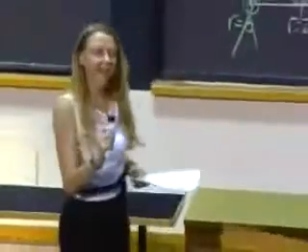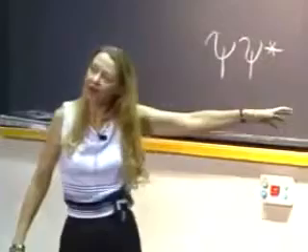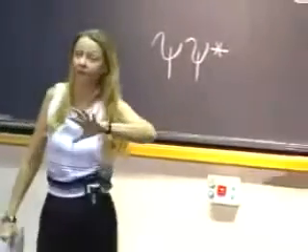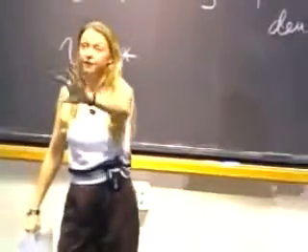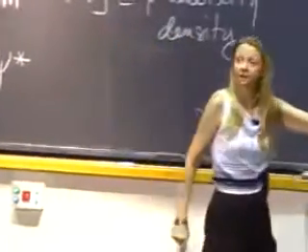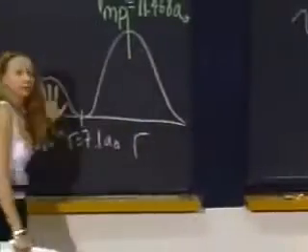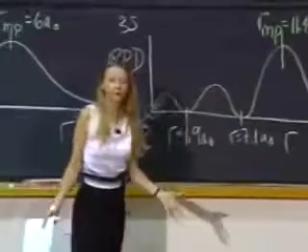Instead, what we have to think of is the electron as a wave. And we already know that a wave can have amplitude simultaneously at many different positions. And so it has simultaneous amplitude or probability here, here, and here, all at the same time.